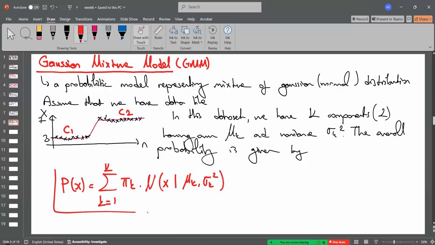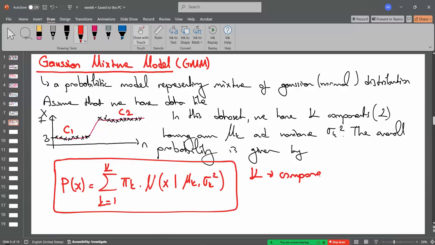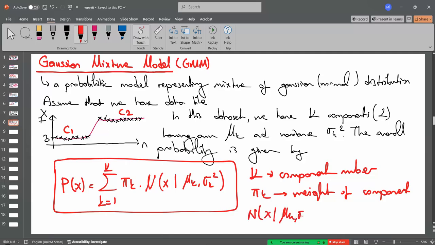Here k is the component number, and pk is the weight of the component, the importance of the component, and N(x | mu k, sigma k square) is the Gaussian distribution.